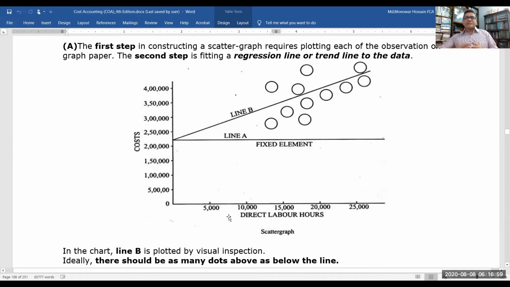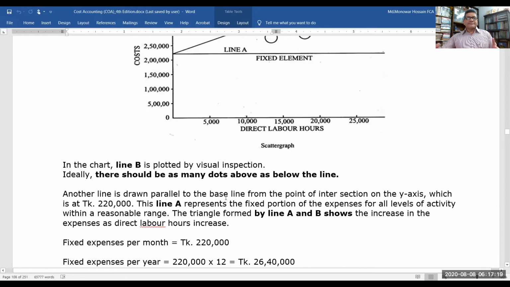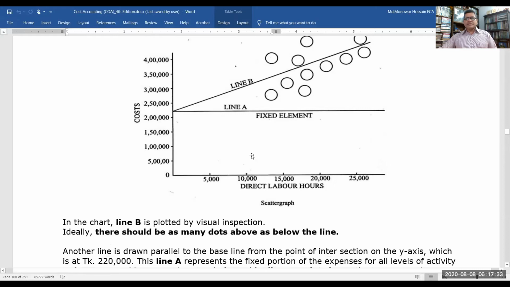In the chart, line B, this one, is plotted by visual inspection, and ideally there should be many dots about the line. Another line is drawn parallel to the base from the point of intersection on the y-axis, which is here taka 2,20,000.